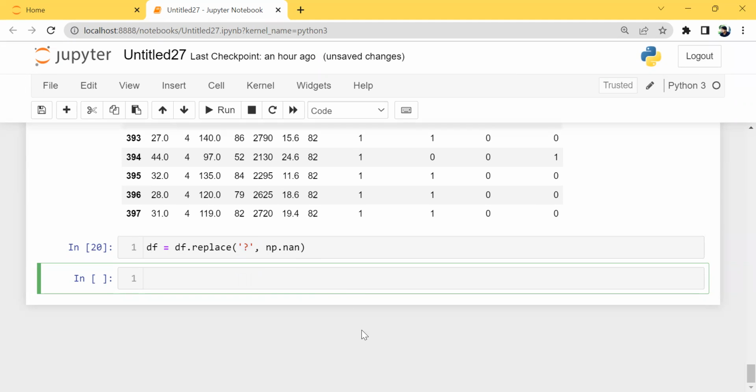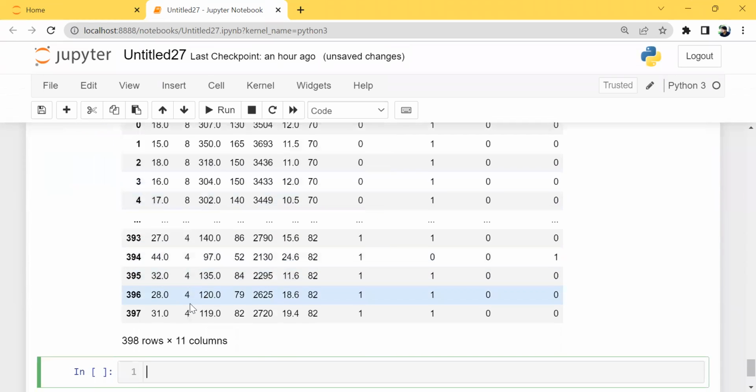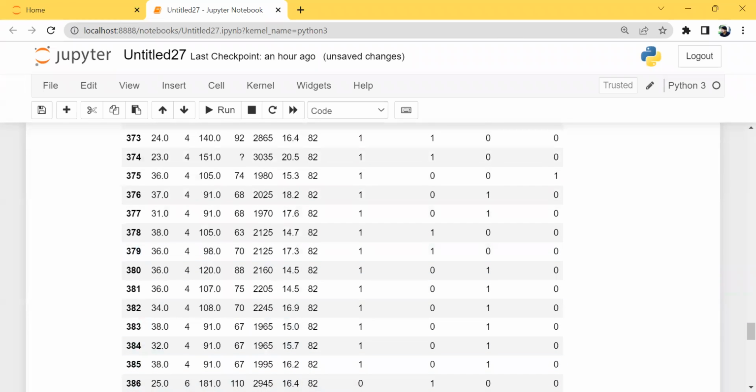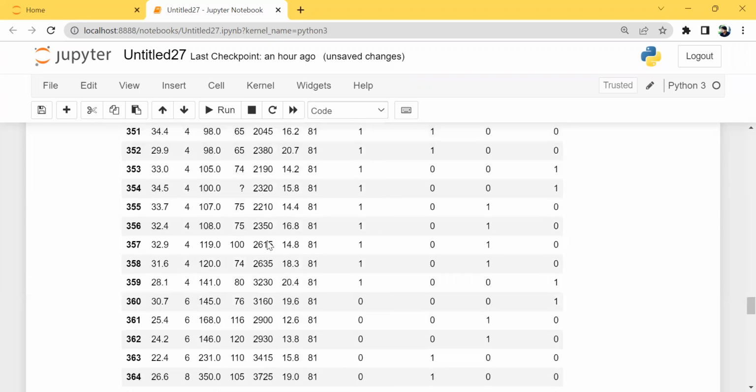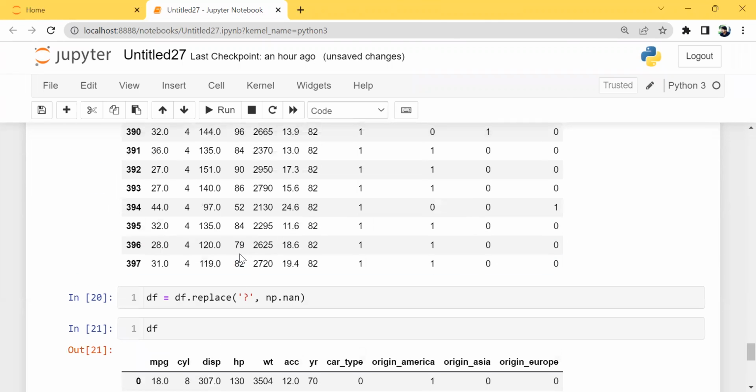So if I hit shift enter, what happens? If you want to look whether it has changed or not, whether it has applied some changes or not, further, what you can do is write this here.